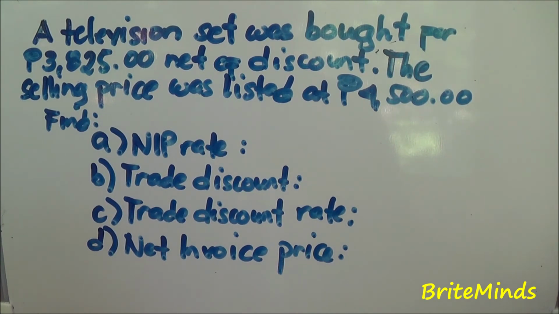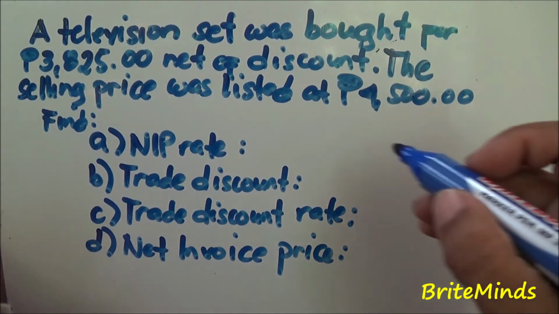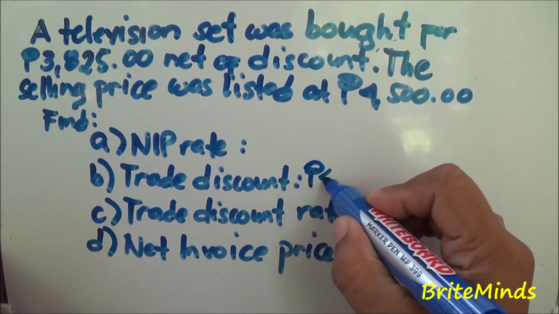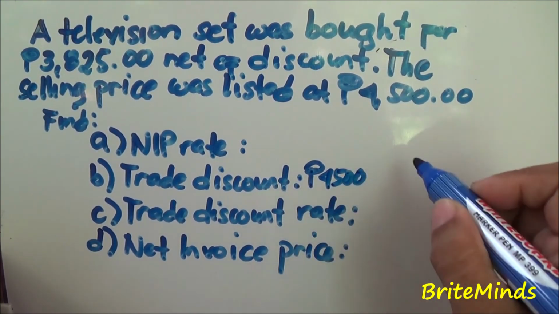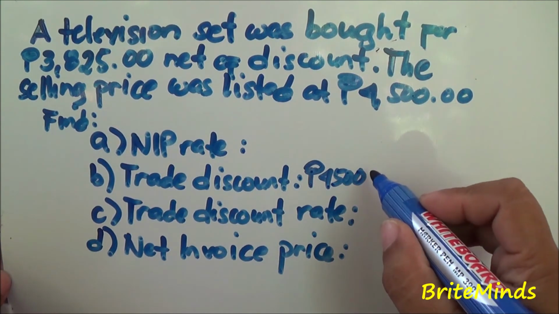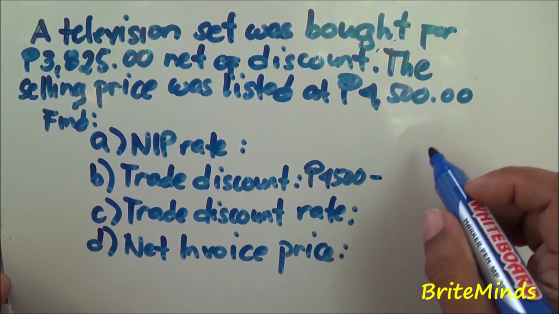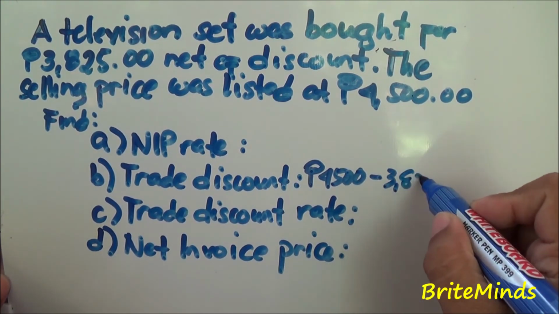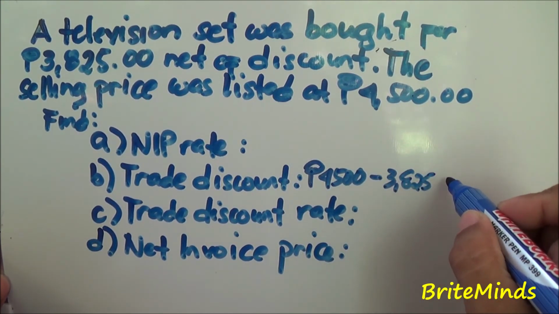The selling price less the net of discount. So we have 4,500 less the net of discount, which is 3,825.